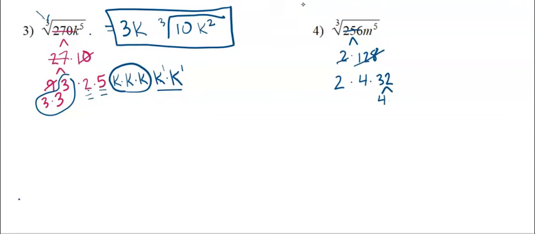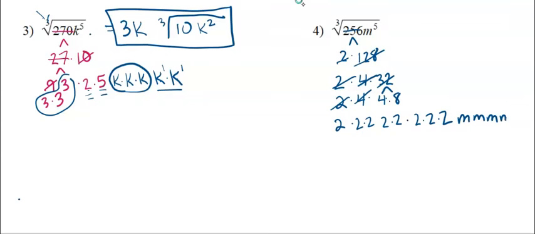And then 32 is 4 times 8. And then 2, that is 2 times 2. This is 2 times 2. And then 8 is 2 times 2 times 2. And then 5 m's. 1, 2, 3, 4, 5.